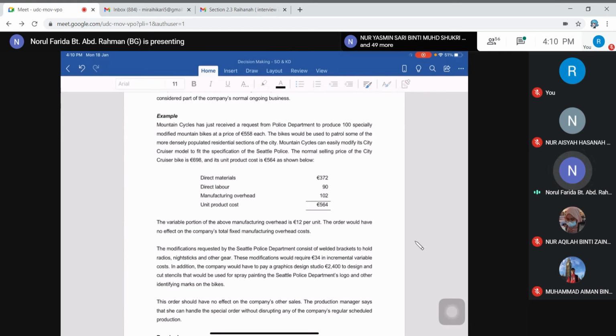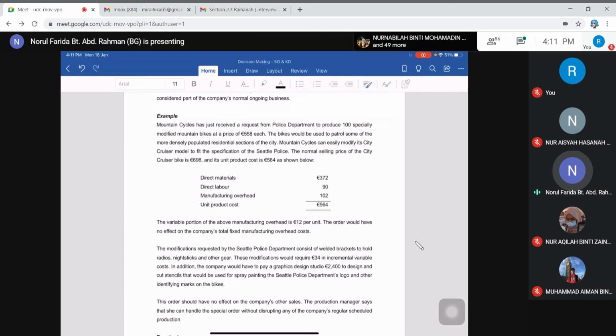So Mountain Cycle has just received a request from a police department to produce 100 specially modified mountain bikes at a price of 558 each. The bikes would be used to patrol some of the more densely populated residential section of the city. Mountain Cycles can easily modify its city cruiser model to fit the specification.